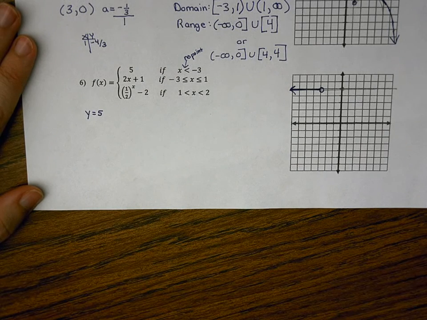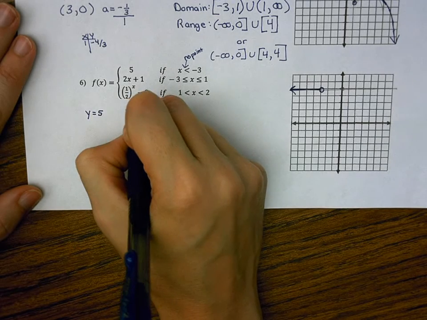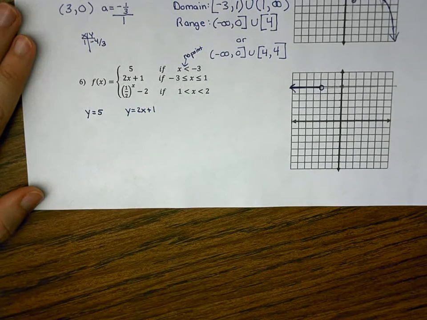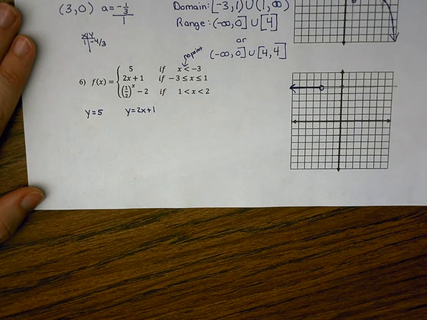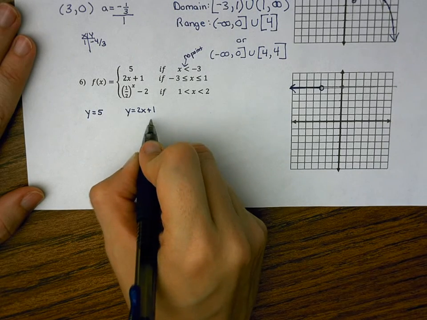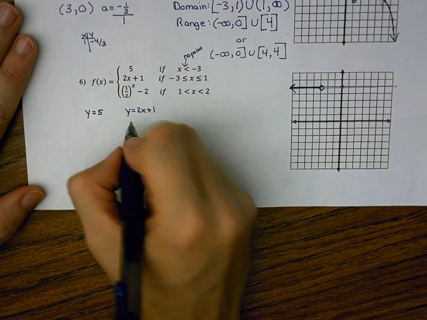Okay, next up we have our y equals 2x plus 1. For those who are comfortable graphing in slope-intercept form, go ahead and do so. For those who would rather turn it into descriptive form, we're going to walk through that together. What would I do for descriptive form? Okay, I'd subtract 1 to the other side.